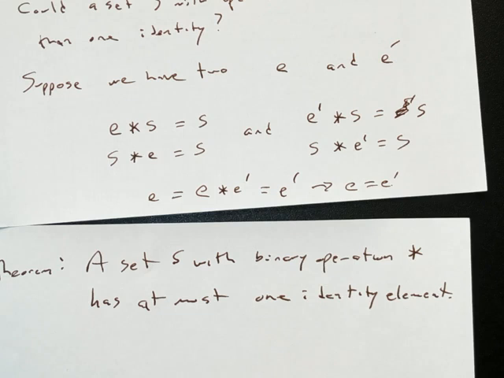Like the example we did with just the odd numbers. But the odd numbers weren't closed under the operation we picked. So what operation are we going to use on the odd numbers? Addition, but we said that if you added 2 odd numbers, you didn't even get an odd number, you got an even number, so we can't use addition on that set, right? Yeah. So I need a set with an operation that works.